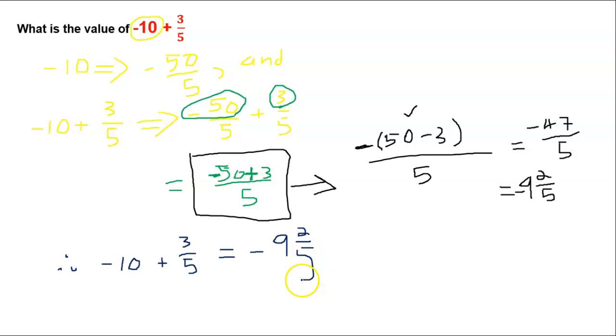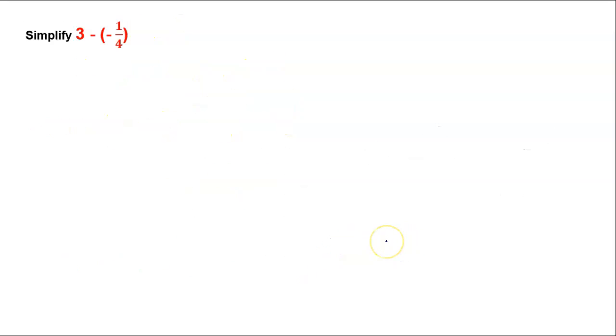Negative 9 and 2 over 5, and that's our answer. Okay, now here we have 3.